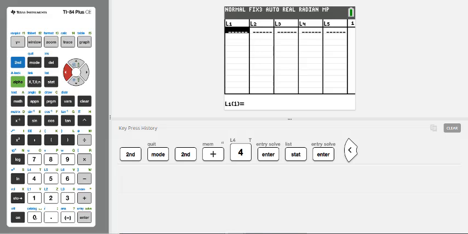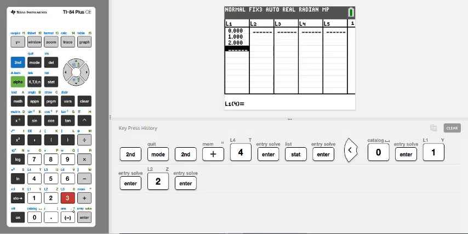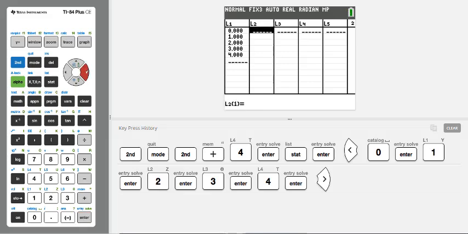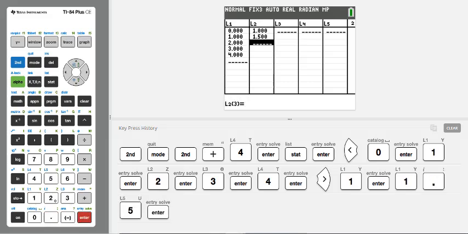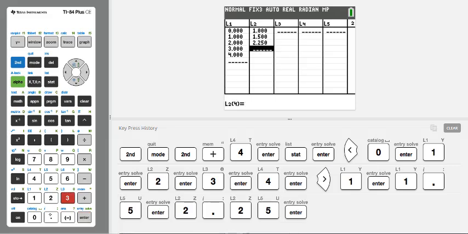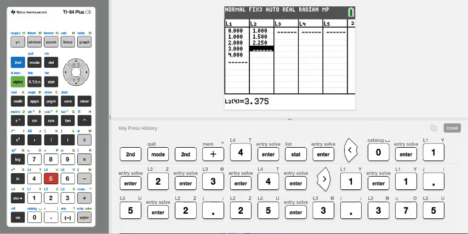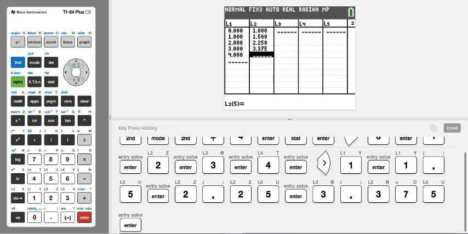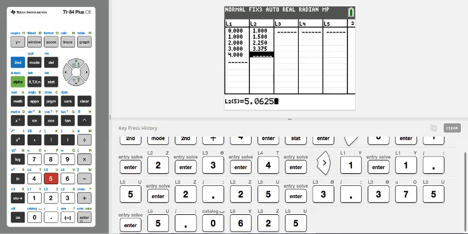So going 0, enter, 1, enter, 2, enter, 3, enter, 4, enter, 4.5, enter, 2.25, enter, 3.375, enter, and then 5.0625, enter.